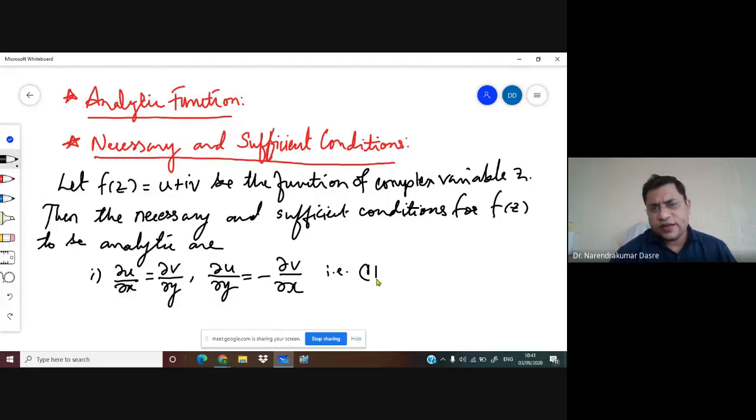These are the CR conditions, or CR equations.